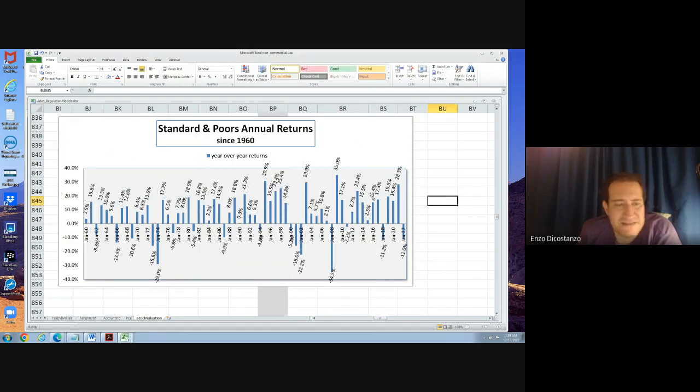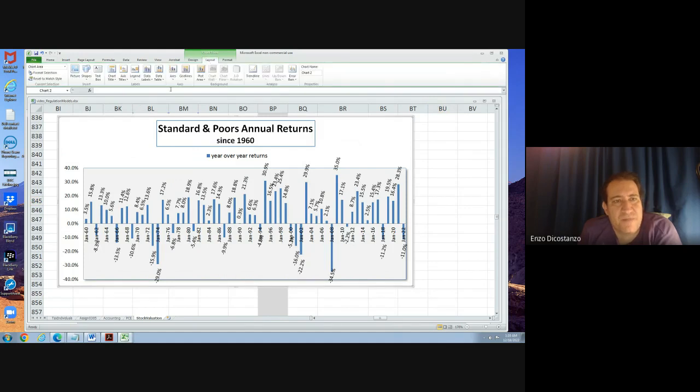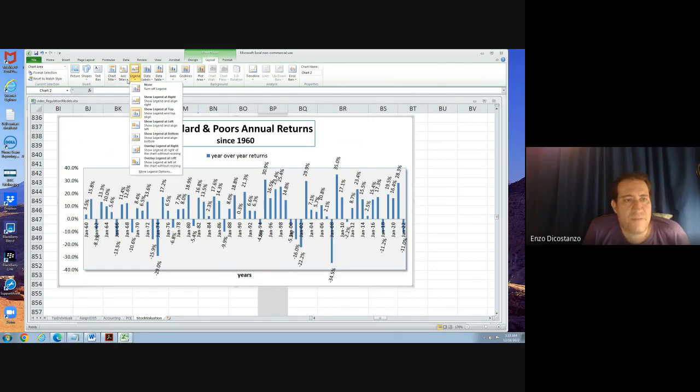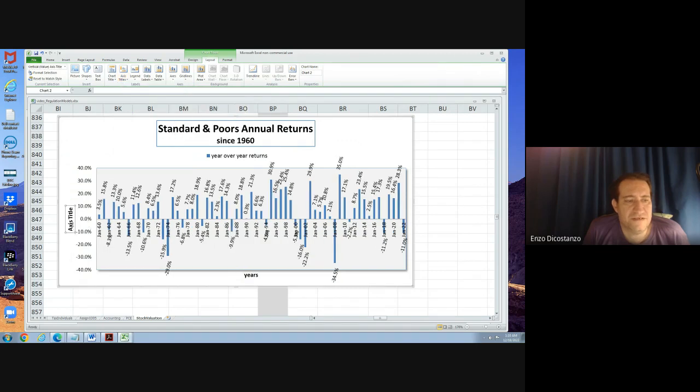Something like that. It's a little cluttered. We don't like it so cluttered as much. Axis title, horizontal, below. Years. Axis title, vertical, rotated. These are percentages.